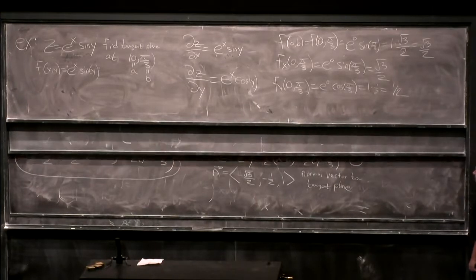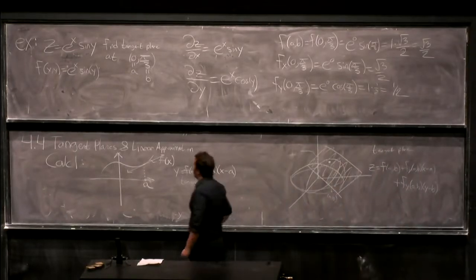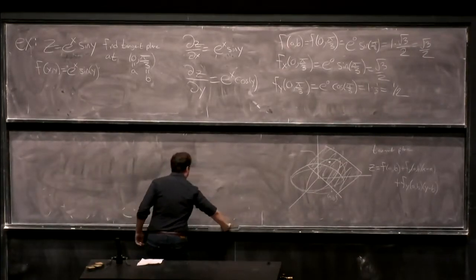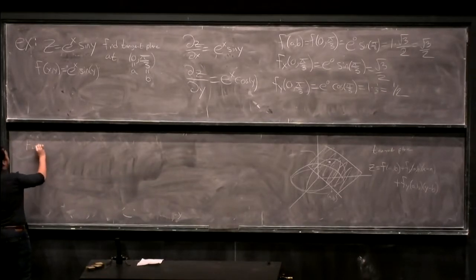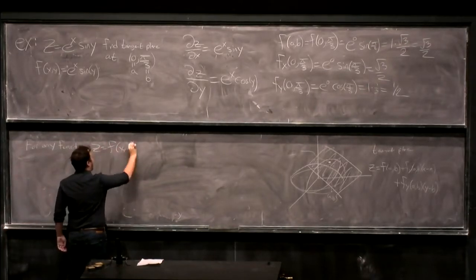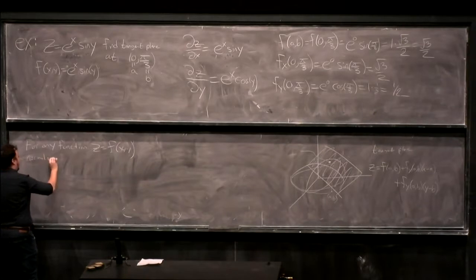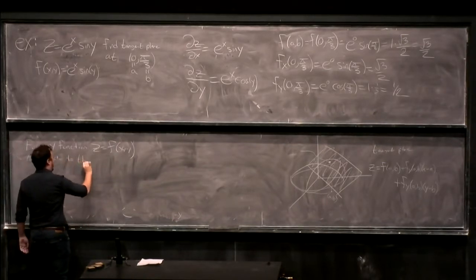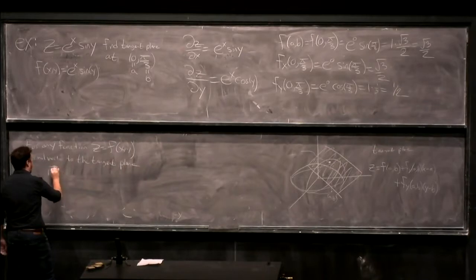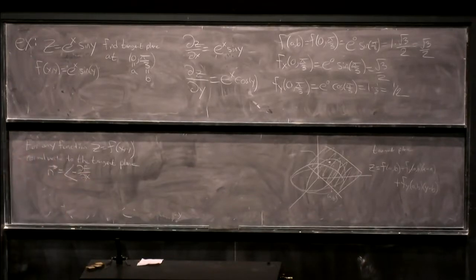So let me put this down now. For any function z equals f of x, y, the normal vector to the tangent plane will be n, and it's going to be the negative of the partial derivative of f with respect to x, which is what we saw.